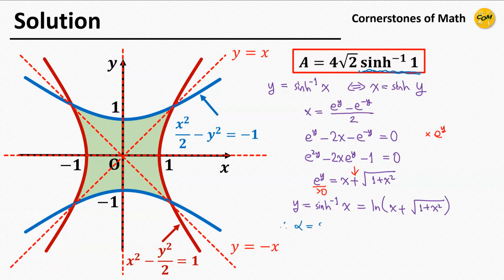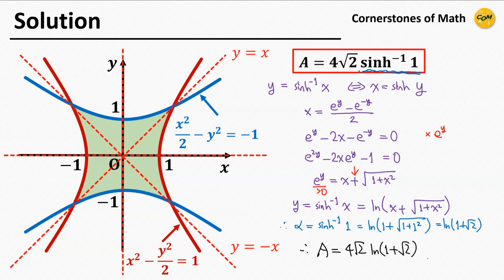Therefore, alpha, which is inverse hyperbolic sine 1, is equal to ln 1 plus square root of 1 plus 1 squared, so ln 1 plus square root of 2. This means that area A is equal to 4 square root of 2 times ln 1 plus square root of 2.